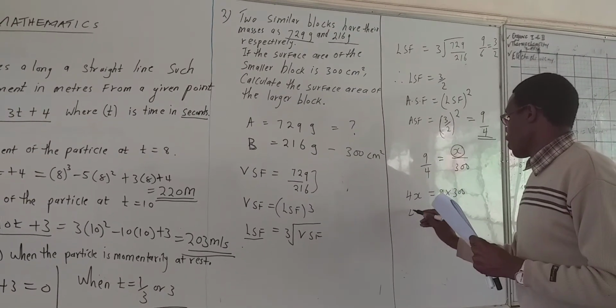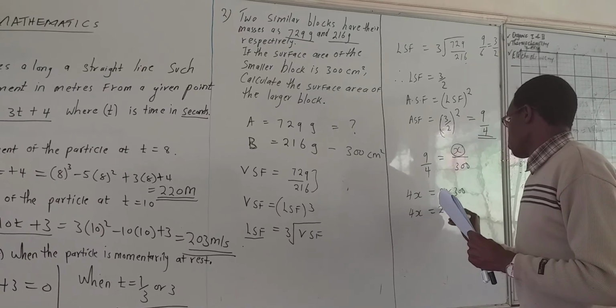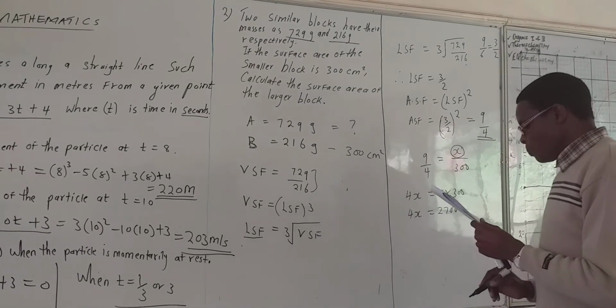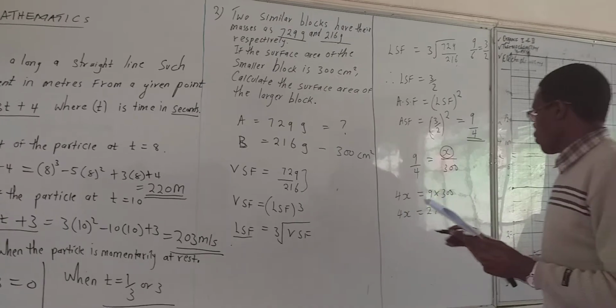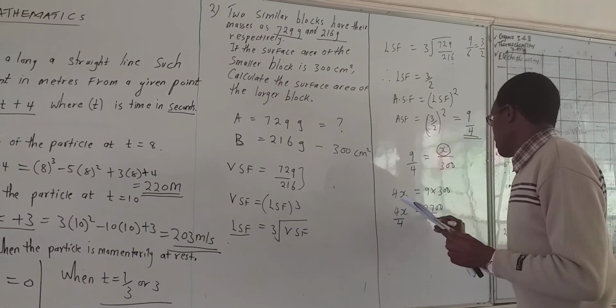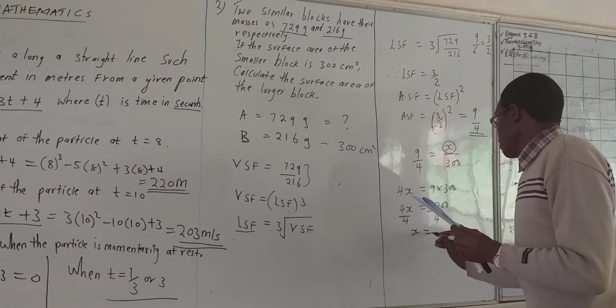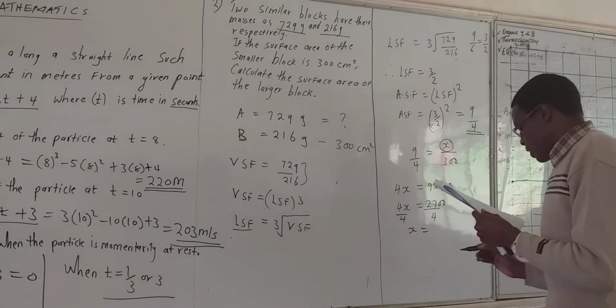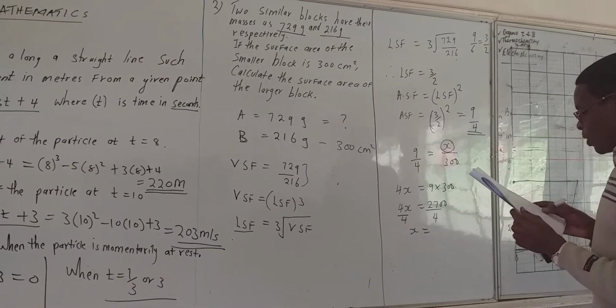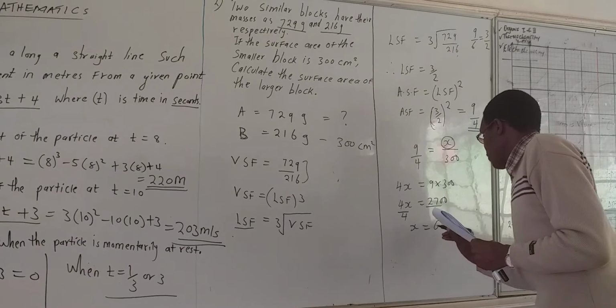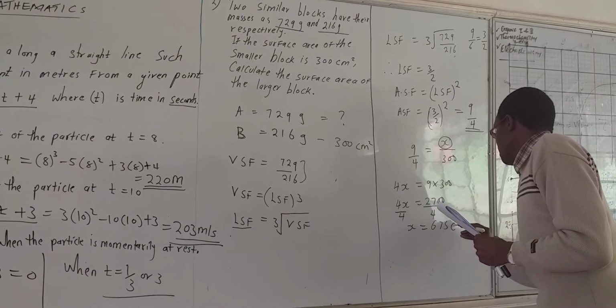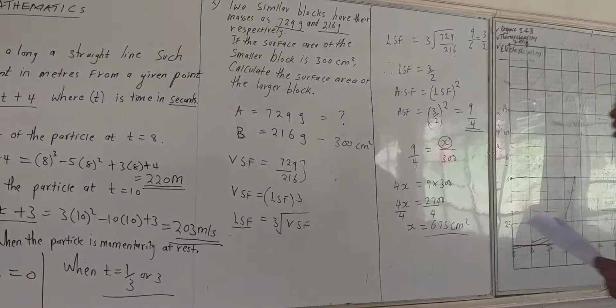This gives us 4x equals 2700. To find the value of x, divide by 4. So x is 675 square centimeters.